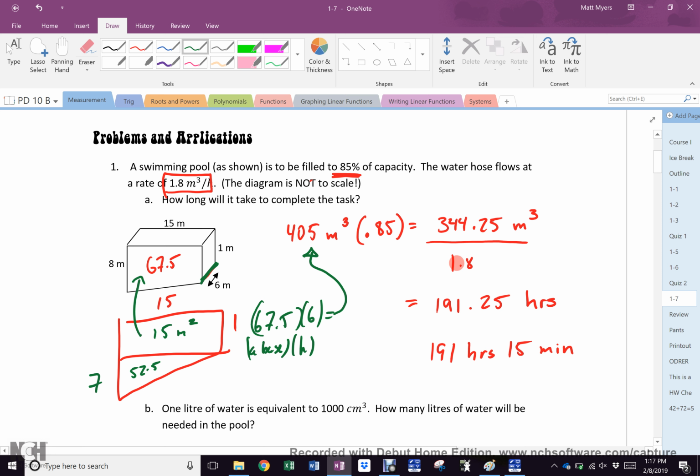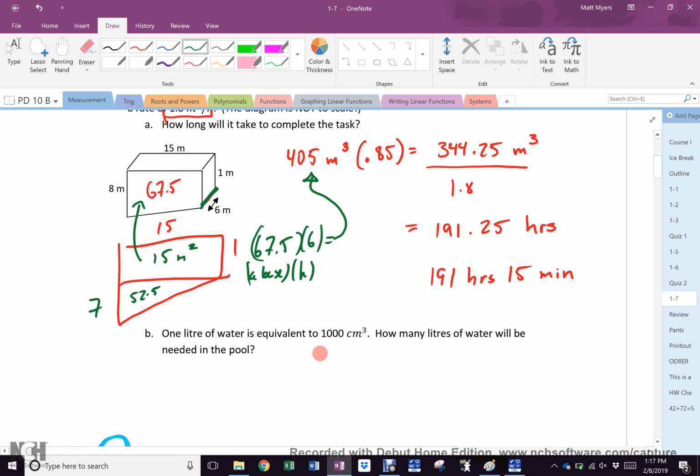Then to find the rate, I had to divide. Now, this is a conversion that isn't on your sheet, but you all know how to do conversions. 1 liter of water equals 1,000 centimeters cubed, yes?